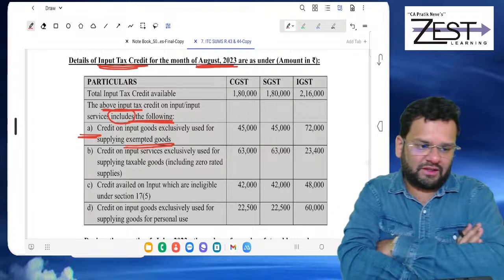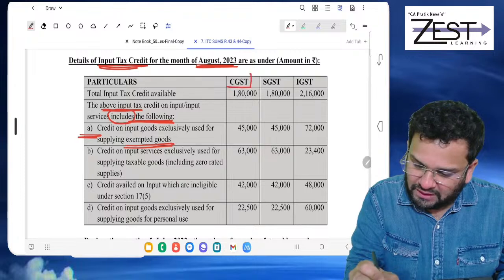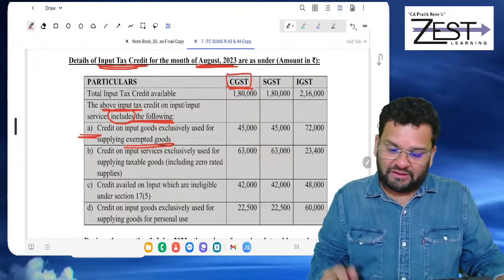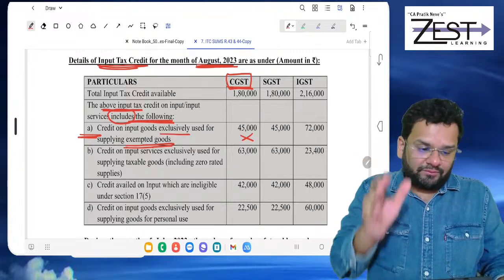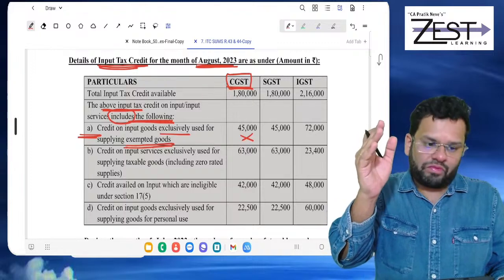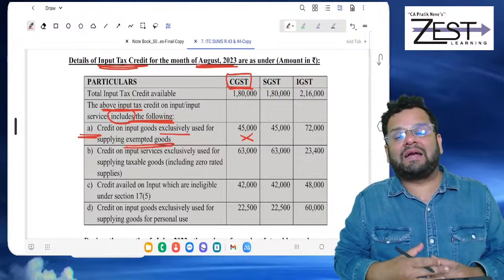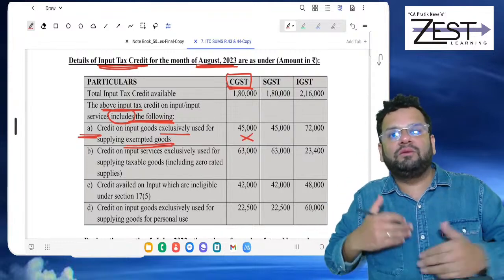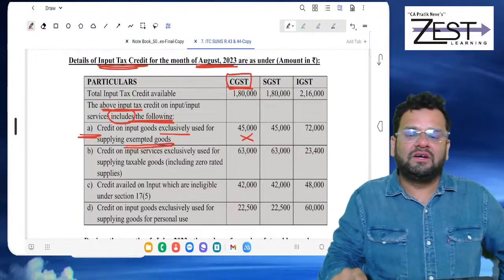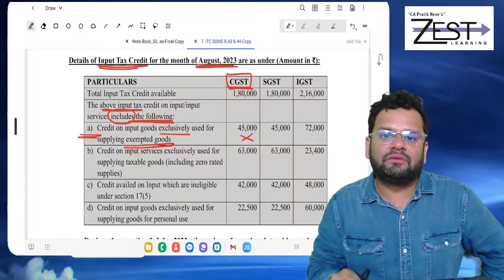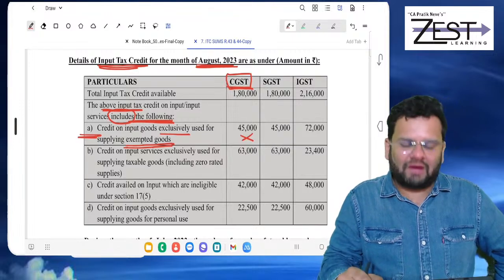On this 45,000, if we understand from the perspective of CGST, it will not be available because it is used exclusively for supplying exempted goods. So if I tell you that for plastic bangles, apart from plastic, one more raw material is needed, will you take ITC on that raw material which is used only for bangles? Of course no. So not available.